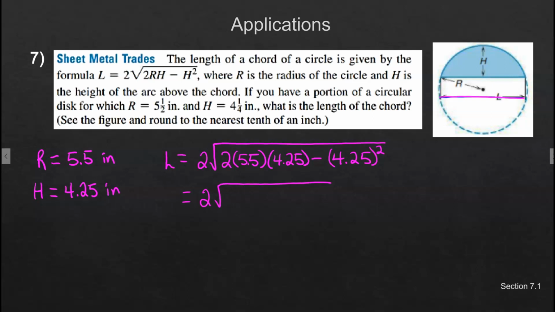So when we multiply 2 times 5.5 times 4.25, we're going to end up with 46.75, and we subtract 18.0625, and then we end up with 28.6875.